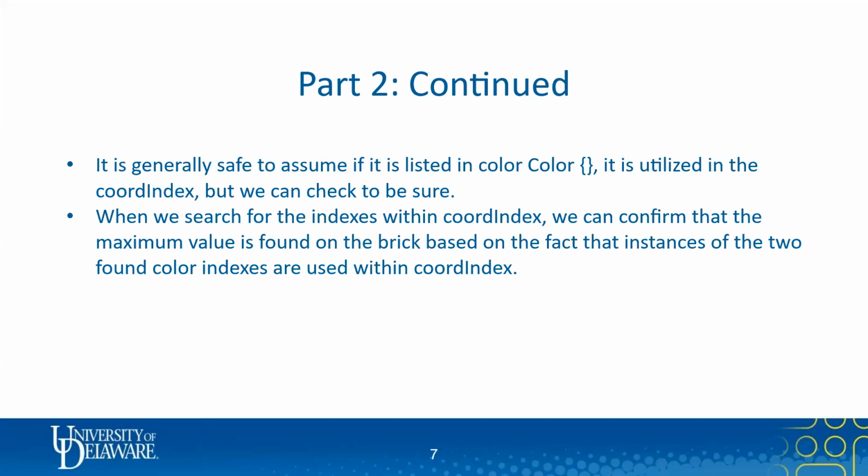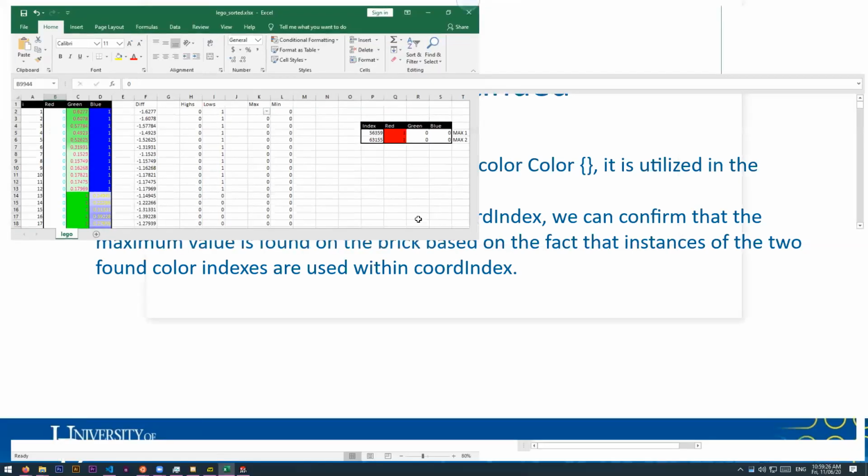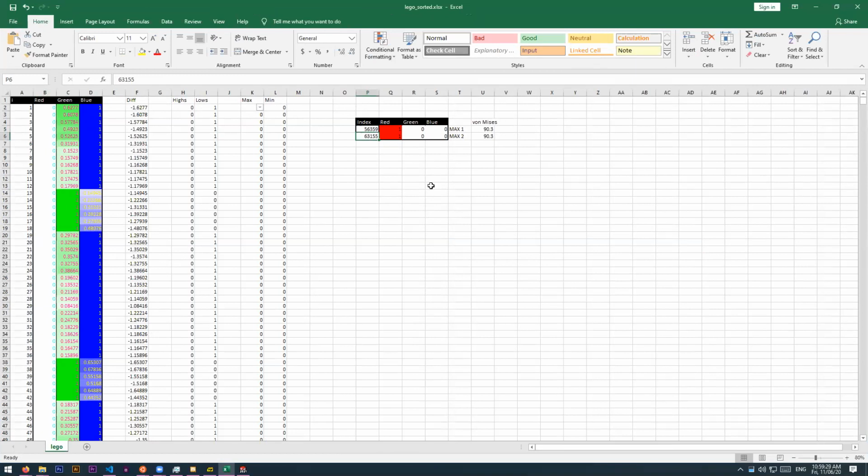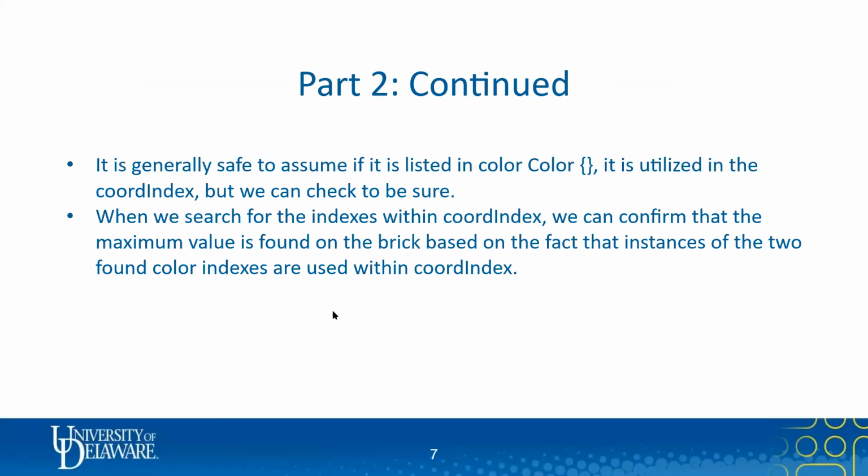So we, again, using the Excel file I found, verified that the indices we found of the colors were actually appearing in the coordinate index, which the coordinate index indicates with the color, if I can pull that up.